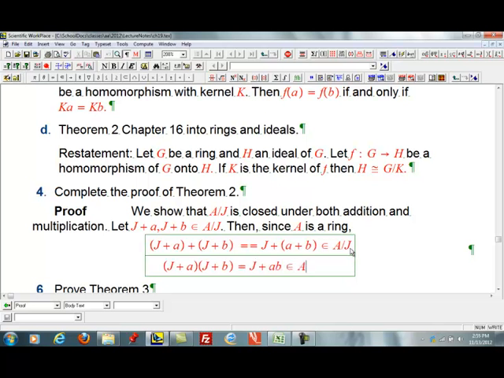I claim that that's also in A mod J. Why? A is a ring, so it's closed under multiplication. So remember, when you're defining it, you're adding to it every element from your original ring. You're going to have duplicates, that's okay. But it has to be in there. So our conclusion, thus A mod J is closed under both addition and multiplication. And here we're using coset addition and coset multiplication. Now let's show associative.